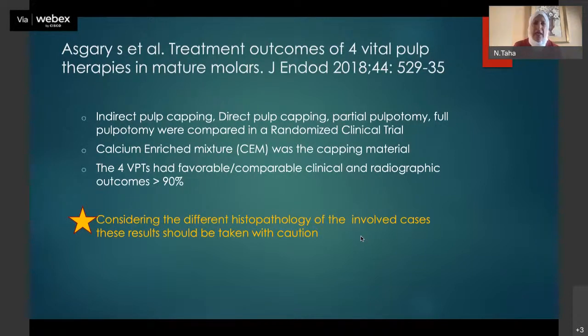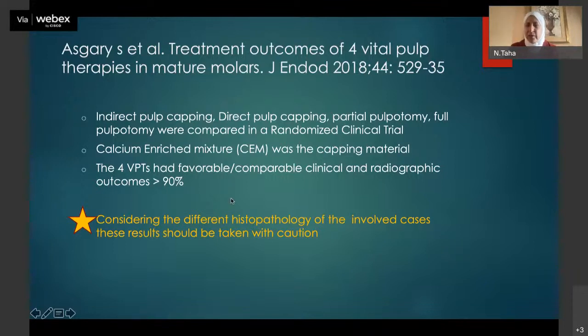There is only one study that compared direct pulp capping, partial pulpotomy, full pulpotomy, and IPT in the same clinical setting and in irreversible pulpitis. However, they reported a success rate of all 4 procedures above 90%. Actually, I and many other workers on vital pulp therapy have very special concerns regarding the results of this study.